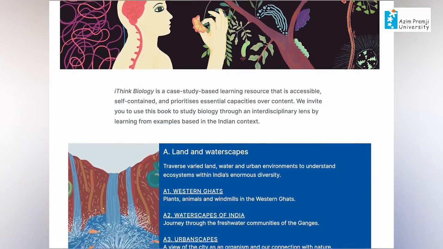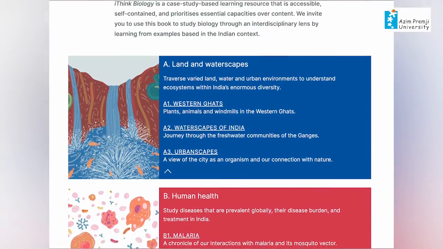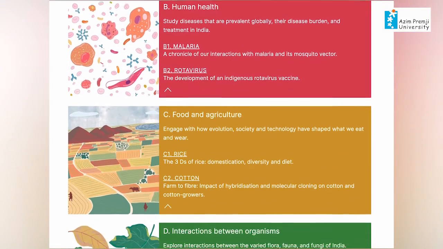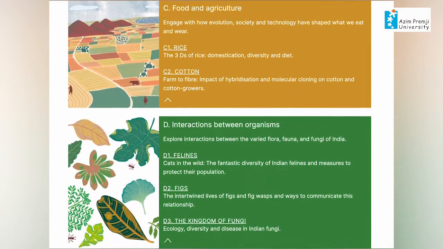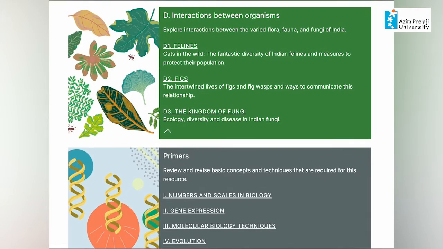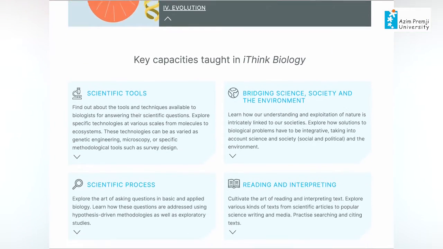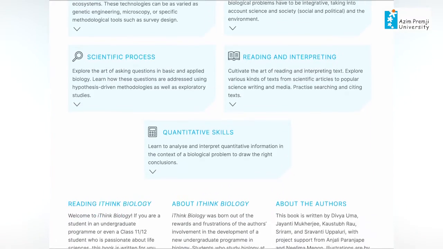It also takes a very holistic view of biology as a discipline. So rather than splitting it up into zoology and botany, which is more traditionally done in the Indian context, we have really merged biology together and given it a holistic perspective.